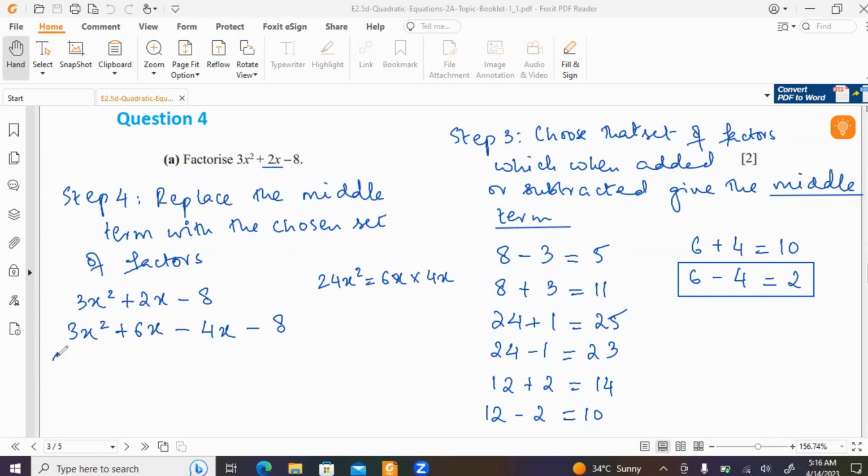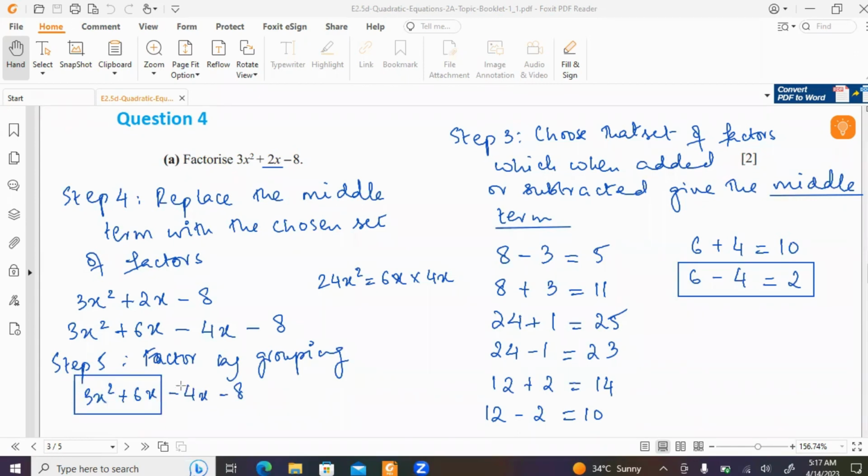Now we do factor by grouping. In the factor by grouping part, I'm going to divide the equation into two groups. The first two terms make up one group, and the second two terms make up the second group.